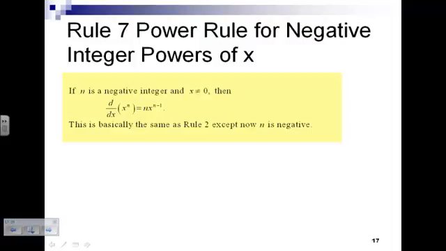So far we've done constant, power, sum and difference, product, quotient, negative. But look at the rule. It's the same as the power rule for positive. Why aren't they just together?